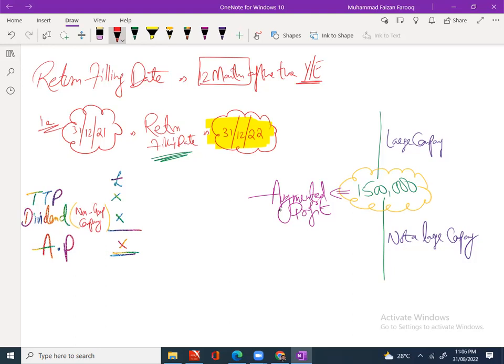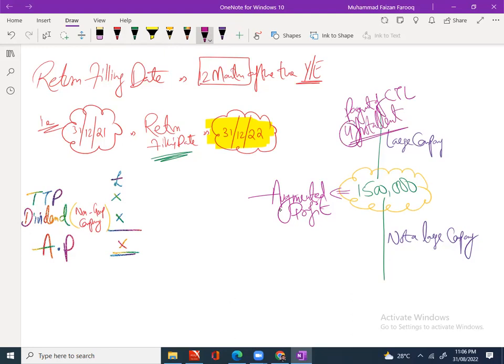Augmented profit, why are we calculating this? In order to find out the size of a company. If augmented profit is greater than 1,500,000, it's a large company, and a large company is allowed to pay corporation tax liability in four installments.